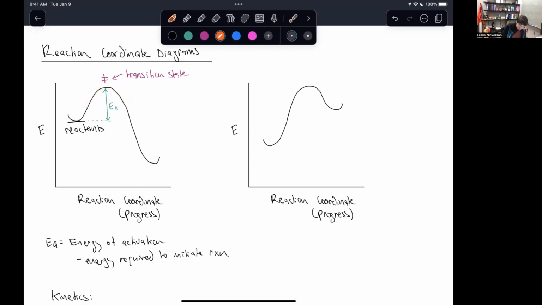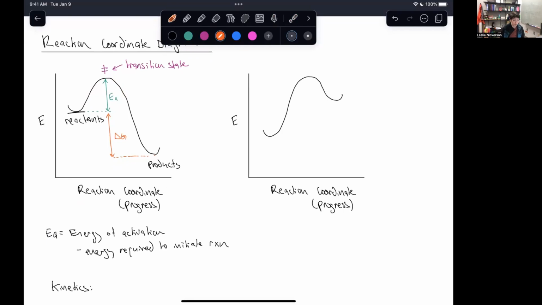Then the other thing that we want to look at is our delta G. Delta G has everything to do with the difference in energy between your reactants and your products. And our products are this other dip over here. So we've got reactants, we've got products, we've got the delta G. And that's going to be what we're looking at here.